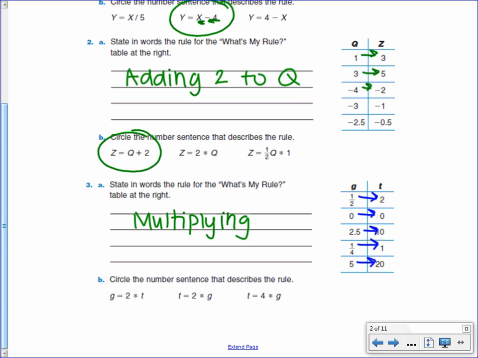That's where we're starting. So we're multiplying G by 4 each time. Because if you multiply T by 4, each time would we get the same G? No, it wouldn't work. So we have to multiply G by 4 each time. That's our rule.